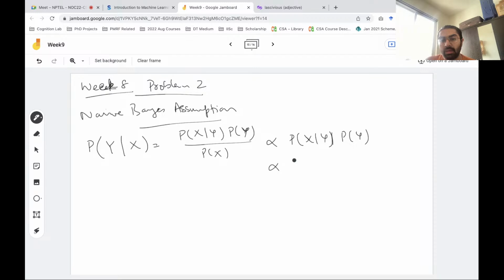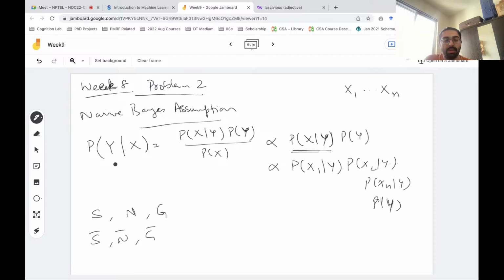So now what we're saying is, if this is the case, for whatever phone you have with these features, what's the probability that this phone is a mid-range phone, a budget phone, or a high-end phone?